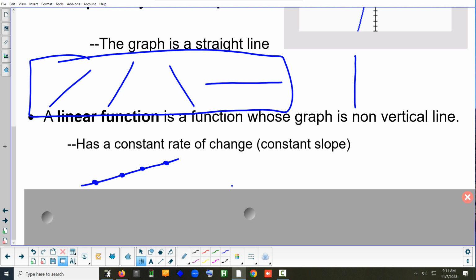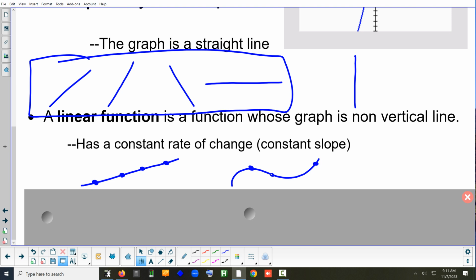Now, let's say you had something like this. If you stand here, and your friend stands here, is that the same steepness? No, you're standing on a spot that's flat. Looks like your friend is standing on a spot that's going uphill. You could have someone else standing on a spot right there that's going downhill.